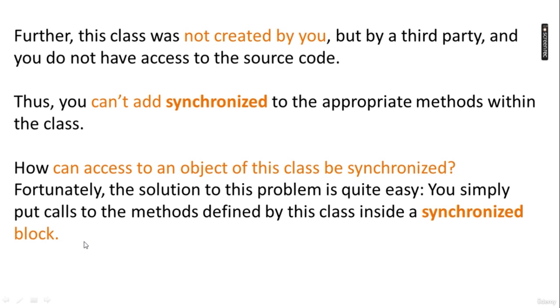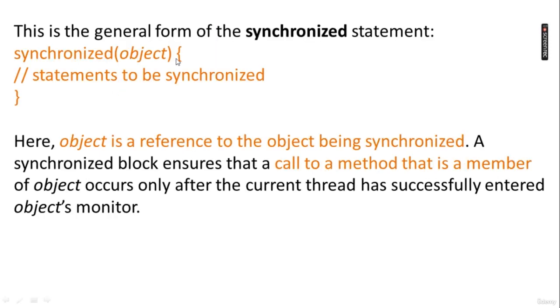So there are two ways. First, if everything is in your hand, what will you do? You will precede the method definition with the synchronized keyword. And when anything is not in your hand, what will you do? You will simply put the method call into the synchronized block. synchronized(object) { statements to be synchronized }. Here object is a reference to the object being synchronized.